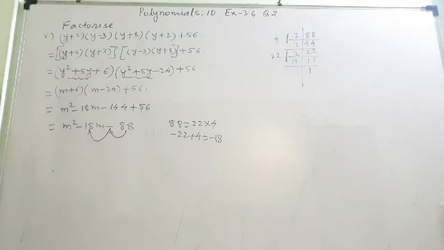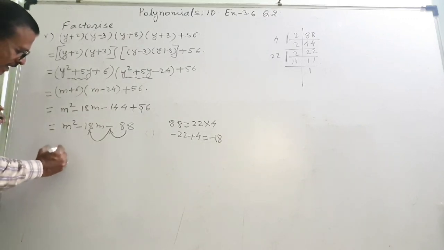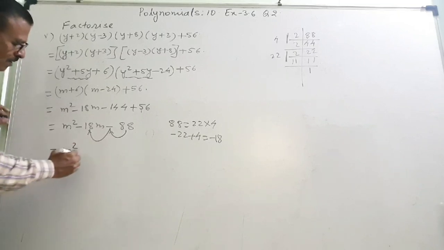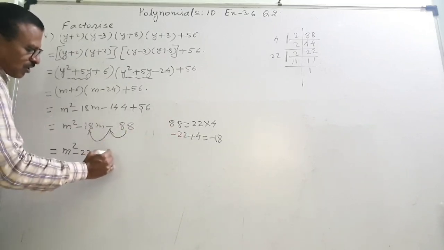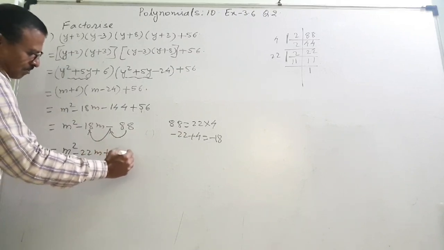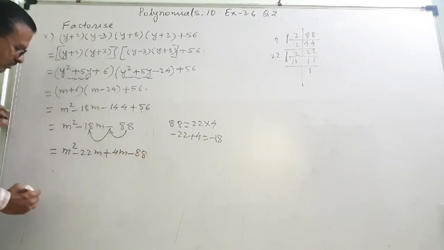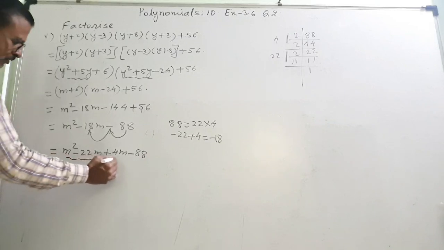So what I will do is, I will write this as m square minus 22m plus 4m minus 88. Make the two groups.